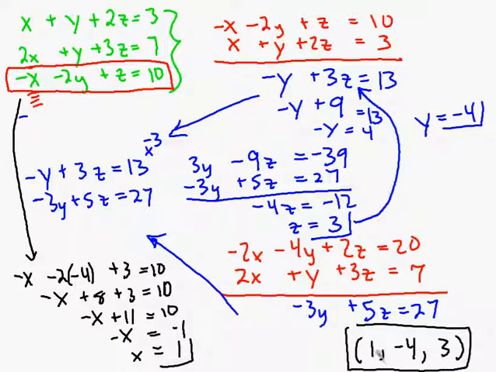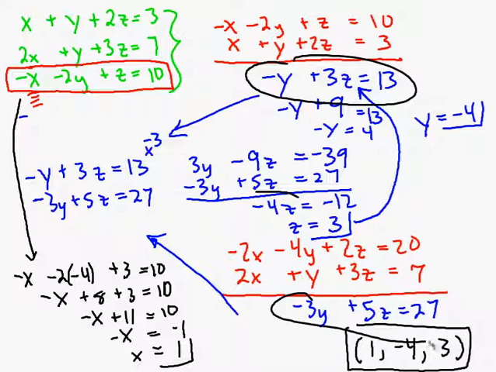You plugged in the 3 to whatever you got out of the first system? When I did my first pairings, because I have two variables here, if I know one of them, I can use that 3 in order to get the other one. So you go there and not the original? Yeah, because I have 3 variables in the original. If I know one of them, that's not going to be enough to find the others. So after I get my first number, I go back to one of these that I'm circling.